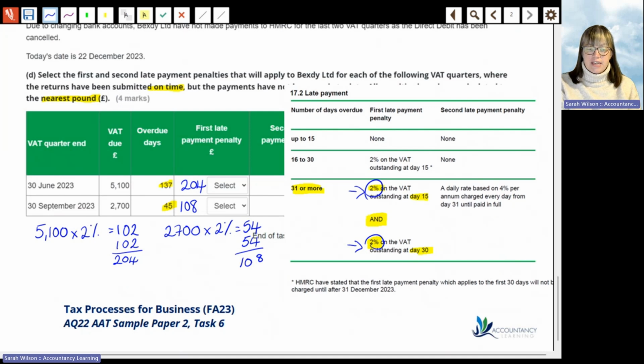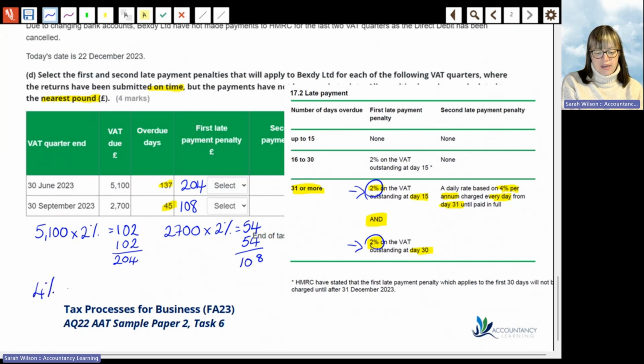Now, for the second payment penalty, we've got a slightly different calculation to do. We will have a daily rate based on 4% per annum charged every day from day 31 until paid in full. So just make a note of that.